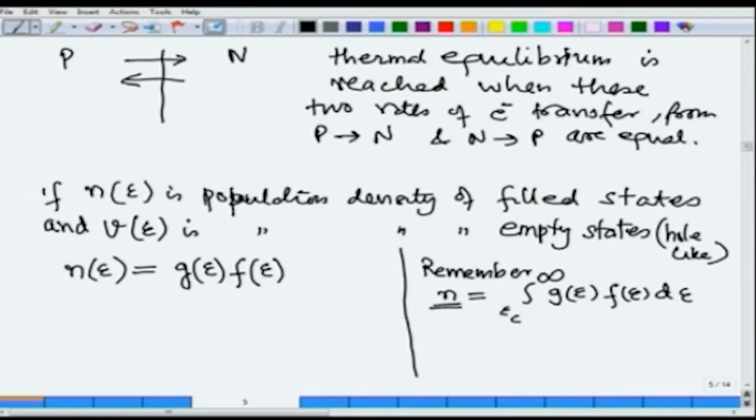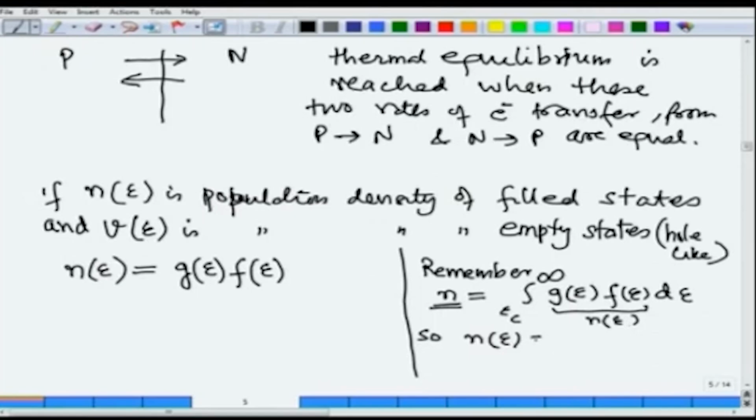So, that is what we had done. So, this quantity is n of E, what we are talking about.